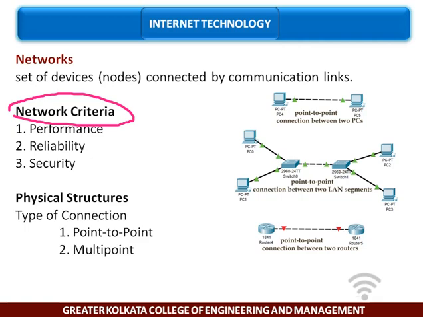What about the performance? Performance can be measured in many ways, including transit time and response time. Transit time is the amount of time required for a message to travel from one device to another device.